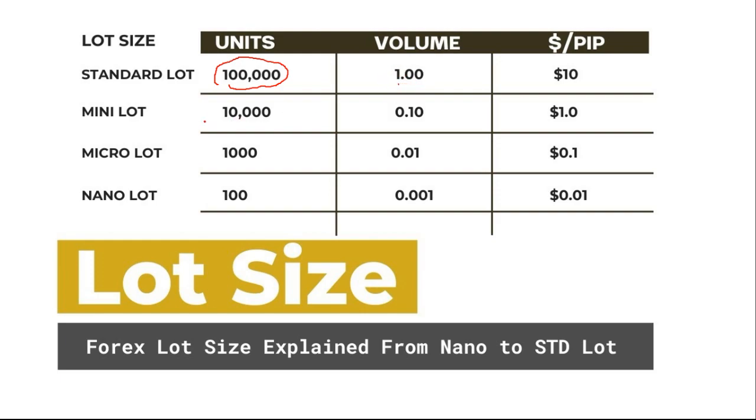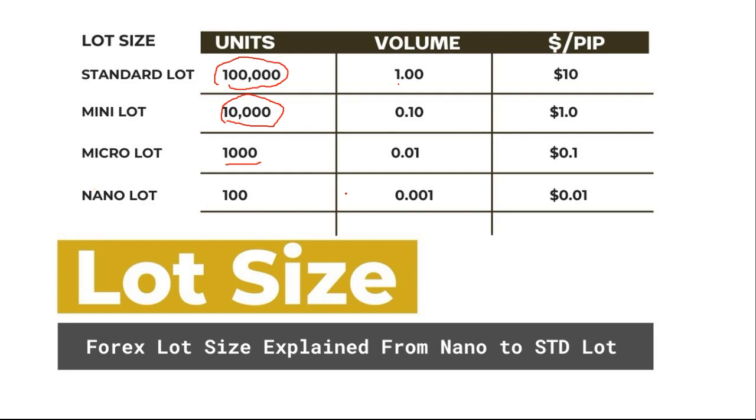If you want to open a position worth 10,000 units, what you're putting down is 0.10. If you want to use micro lots, which is 1,000 units of the currency, what you're writing down is 0.01.